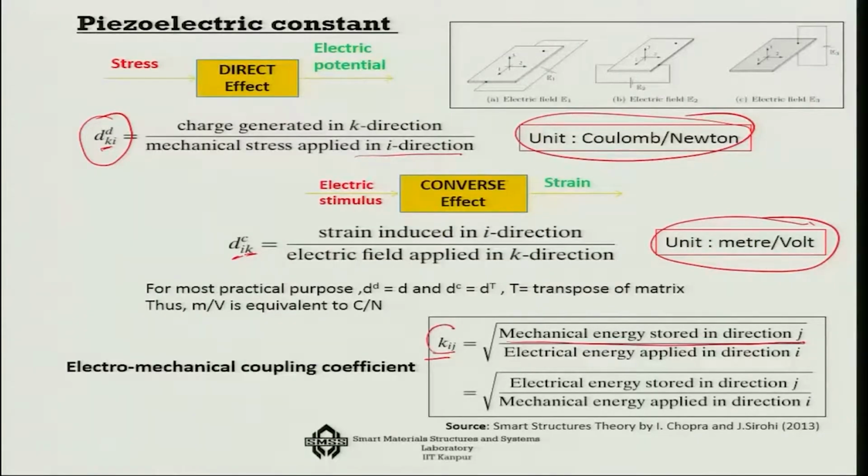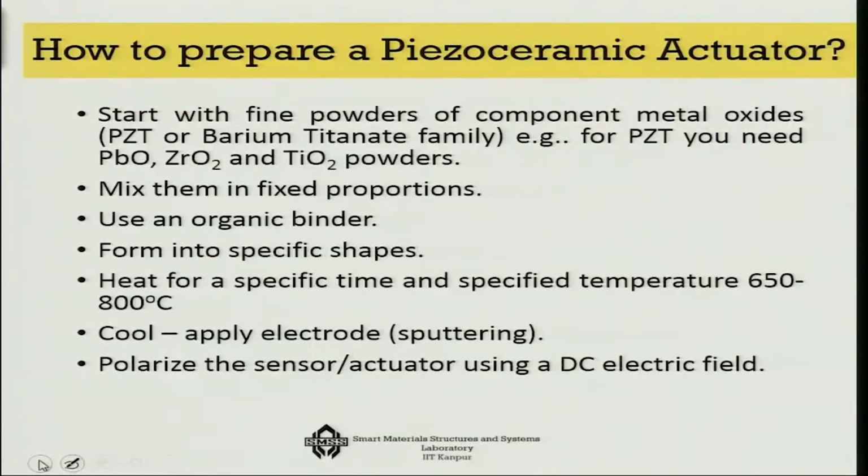So that actually tells how much energy is getting transformed in the system. So that is an even more important consideration. In fact, the coupling coefficient and the electromechanical constants are related to each other.